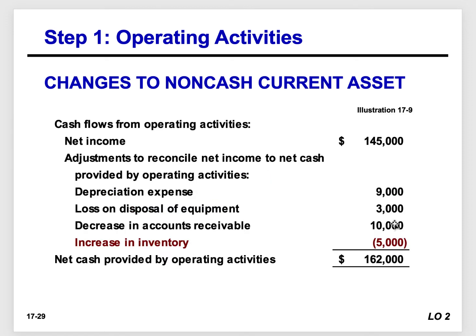Okay, so look, here we go right here. Going back to the statement of cash flow. Increases in inventory. Well, it increased by $5,000. That means that throughout the year, our inventory increased by $5,000. Okay, so we need to deduct that.